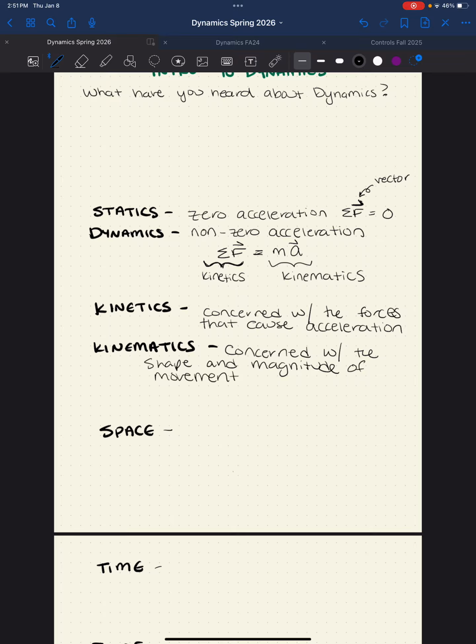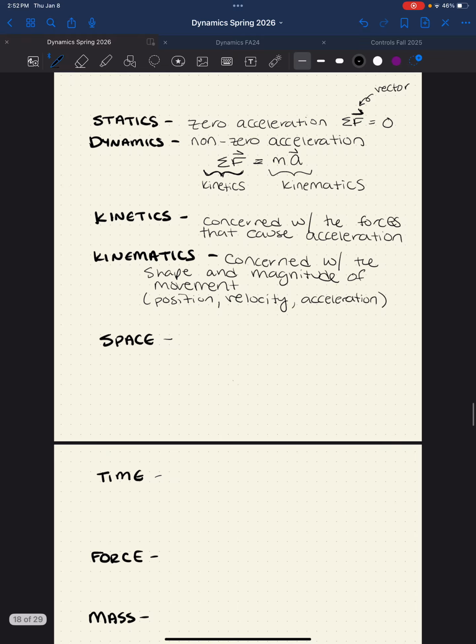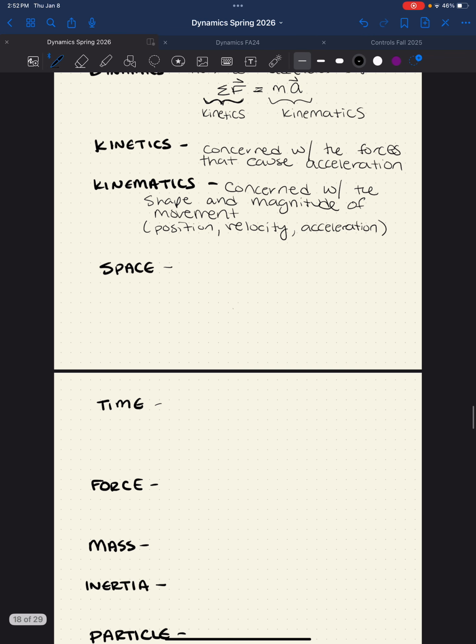And what I mean by that is we're going to talk about how to analyze quantities like position, velocity, and acceleration. Okay. Left-hand side, or the sum of forces, is the kinetics part of the problem. Right-hand side, mass times acceleration, is the kinematics part of the problem.